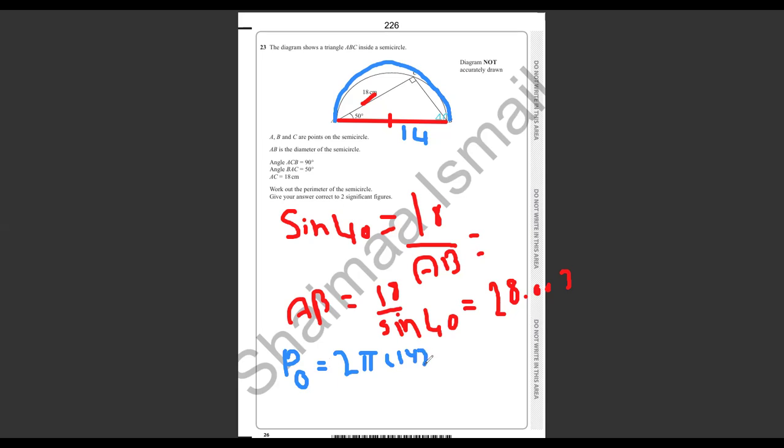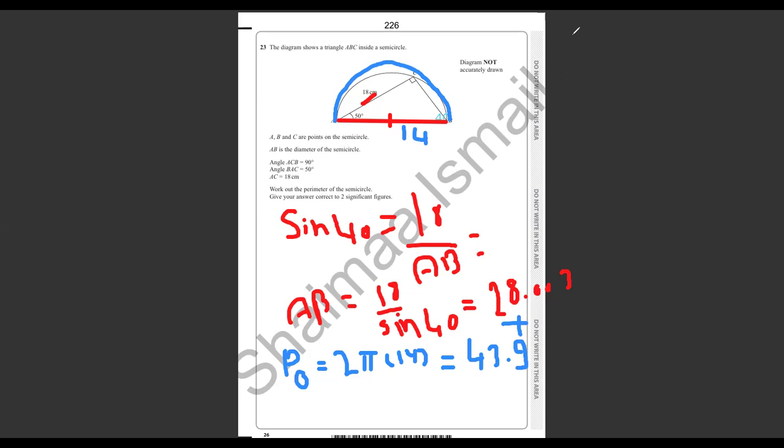So 2 multiplied by pi multiplied by 14 will give us 43.9 and other numbers, but it's fine to add this if you want to get the total.